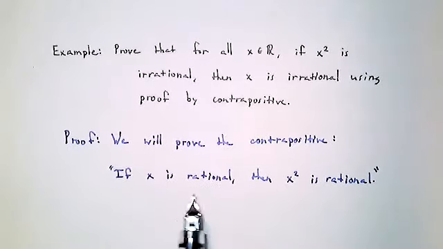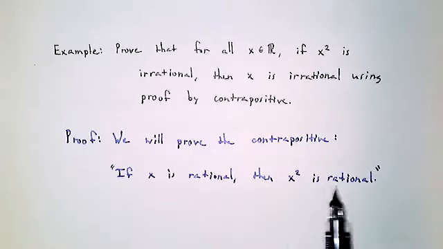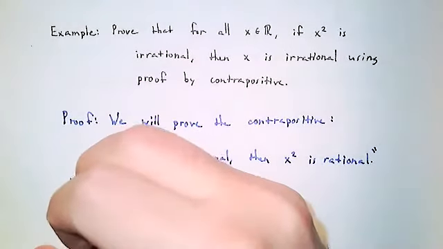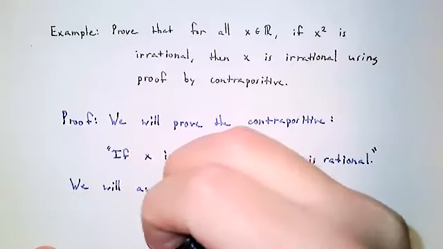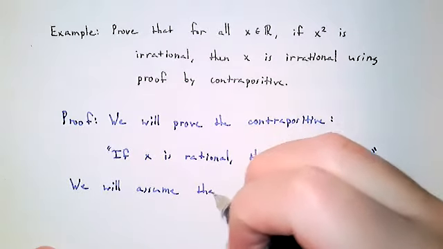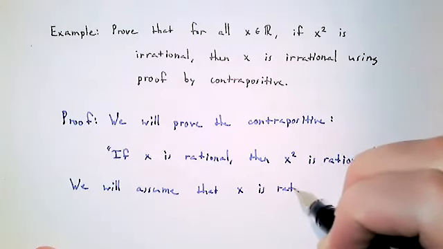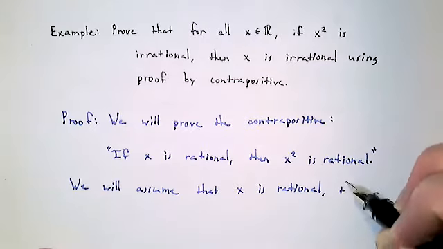So now we're going to assume this, x is rational, and try to show that x squared is rational. Does anyone remember what a rational number is? What does that mean?